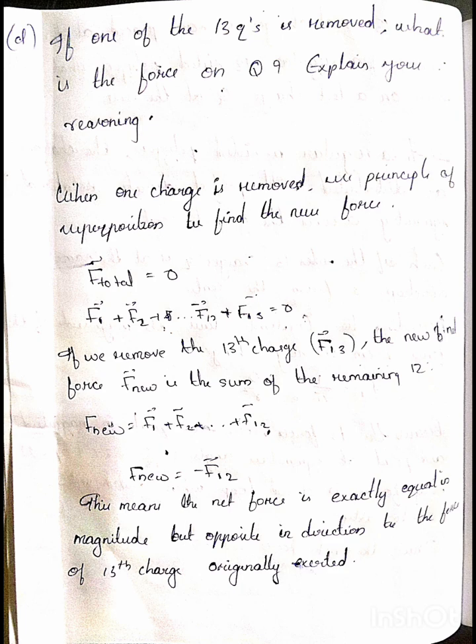F new is equal to F1 plus F2 plus etc. plus F12. F new is equal to minus F13. This means the net force is exactly equal in magnitude but opposite in direction to the force the 13th charge originally exerted. The magnitude is the same as that of a single charge Q at distance r. Therefore, F is equal to 1 by 4 pi epsilon 0 q into Q divided by r square.